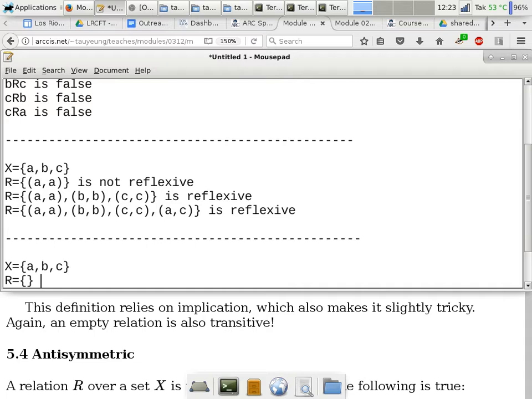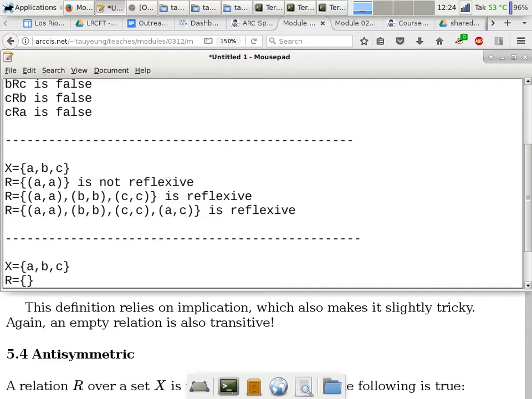AA itself is not needed for symmetry. If AA is there, it does not break symmetry, because it doesn't need a partner. If AA is the only thing in there, it will still be symmetric.